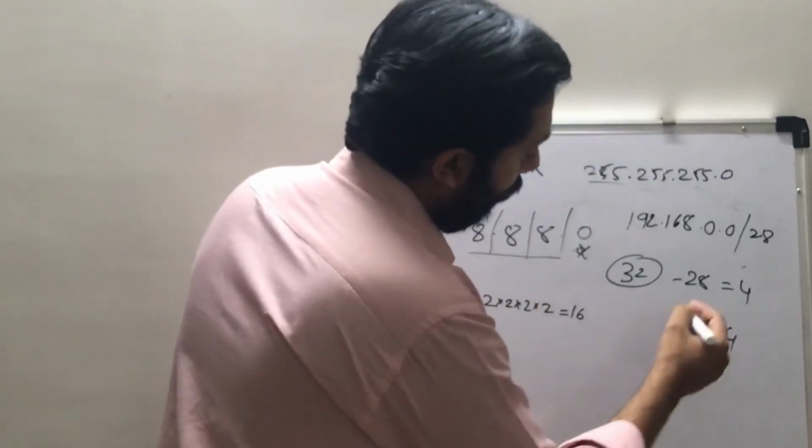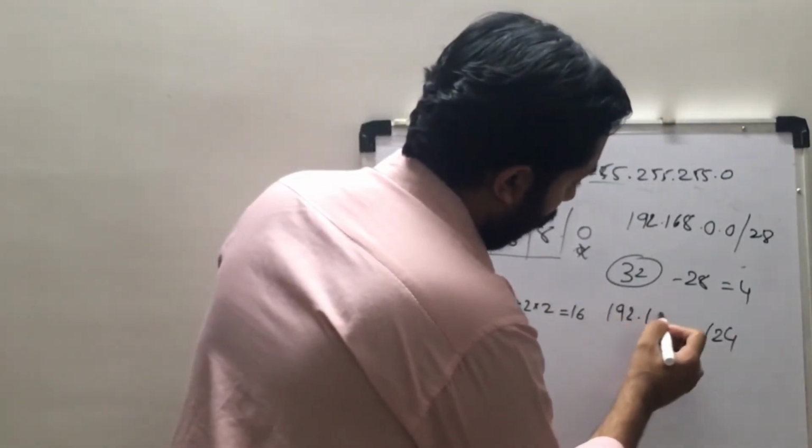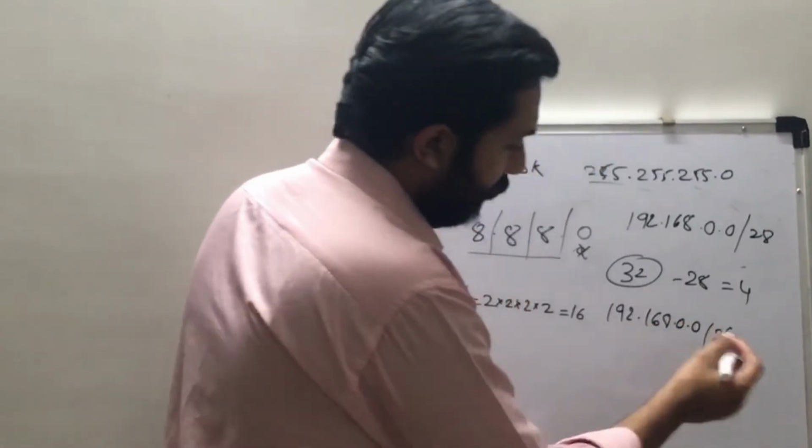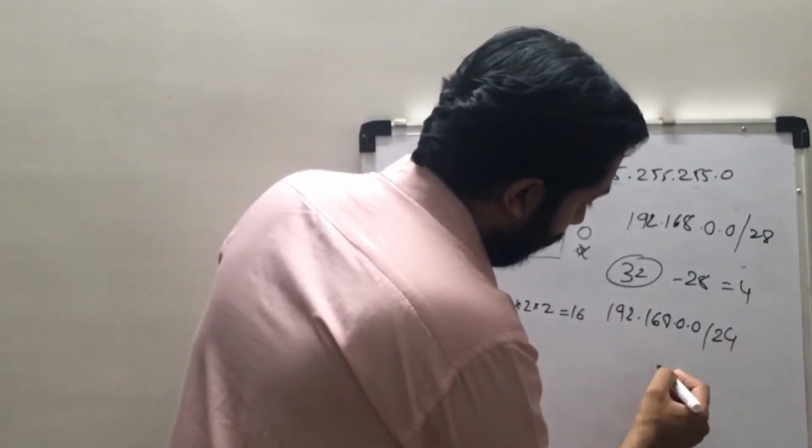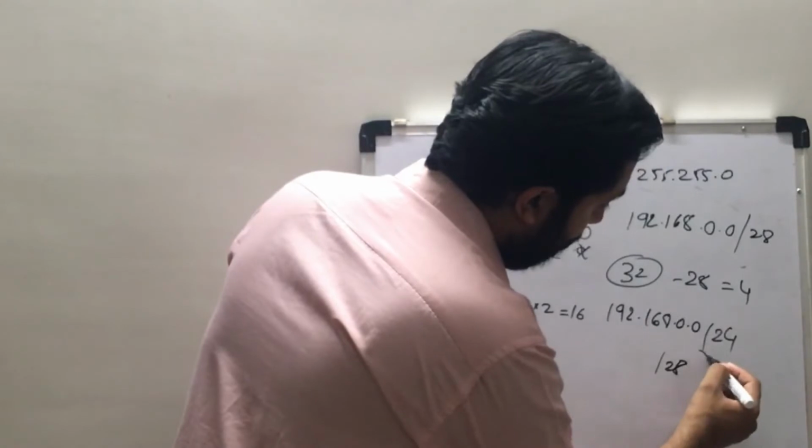/24. Now, if there is a network of 192.168.0.0/24, then it can have a /28 within this network.